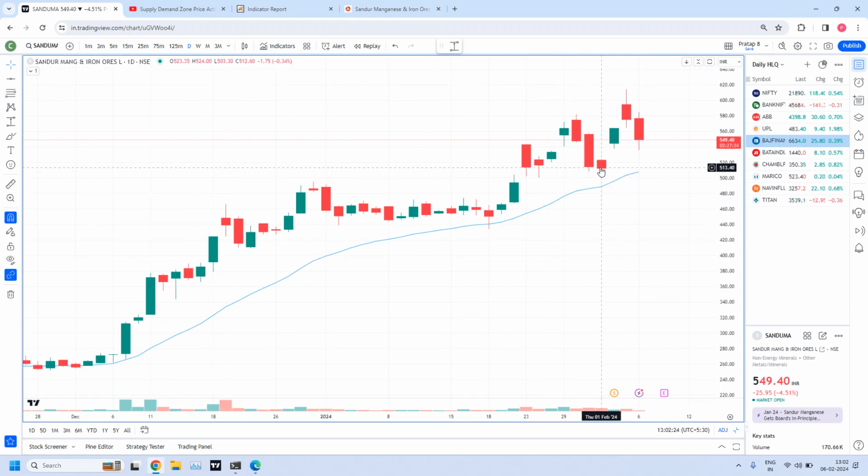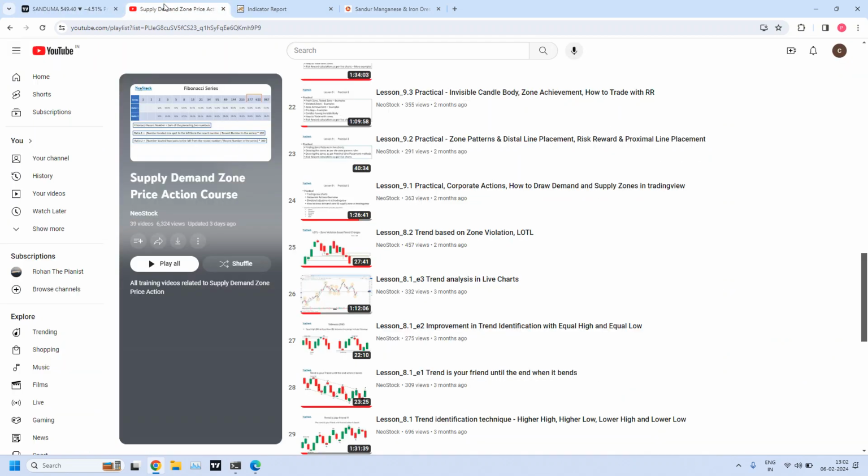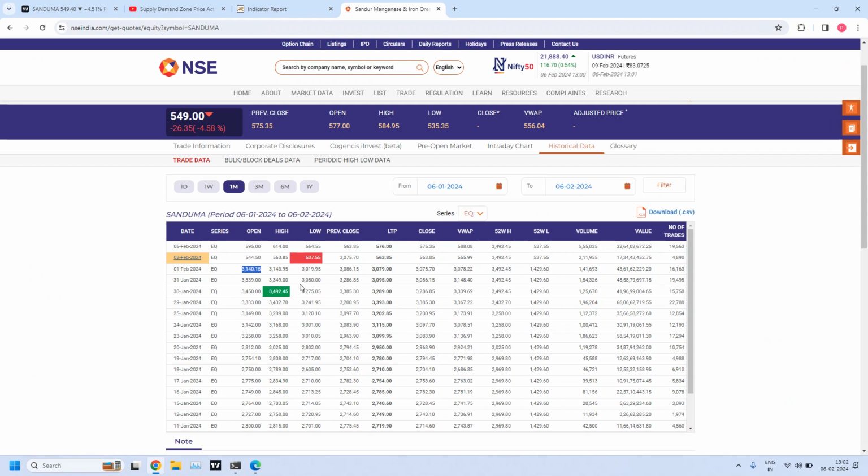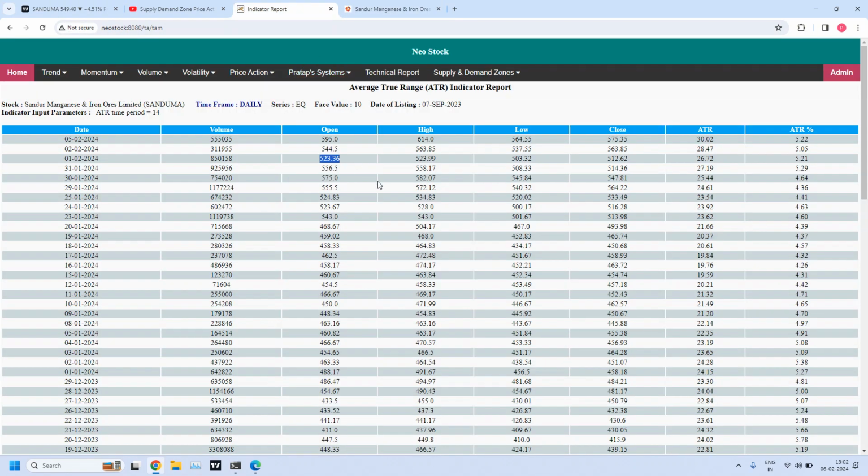Now I place the mouse here on the candle on first. See the value now, 523.35 open and high is 524. And what is the NeoStock value? 523.99. That means if you round off, it is 524. 523.99 is the NeoStock value, 524 is the TradingView value, the high value.